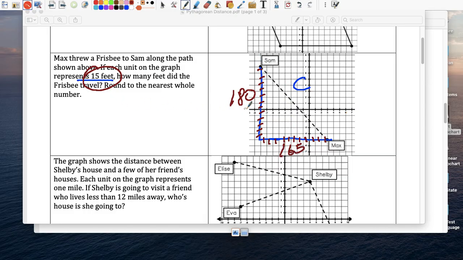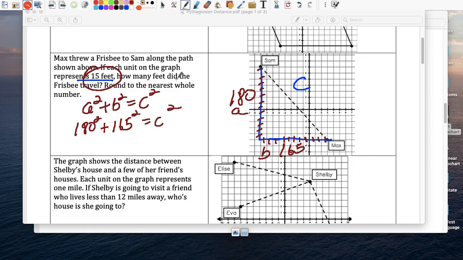Now that we have both legs, call this A, call this B, and then we find C. So A squared plus B squared equals C squared, so 180 plus 165 to the second power equals C squared.